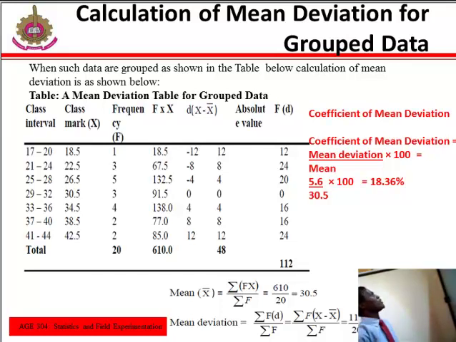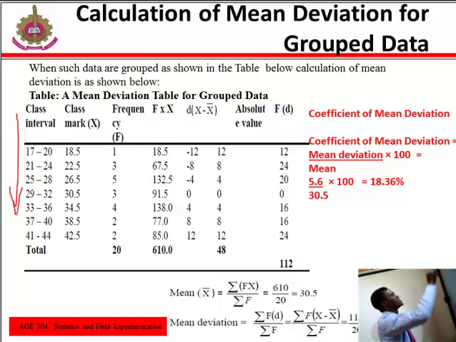Making use of this data, we have the class interval given in the first column, then the class mark just beside it, that is the second column.